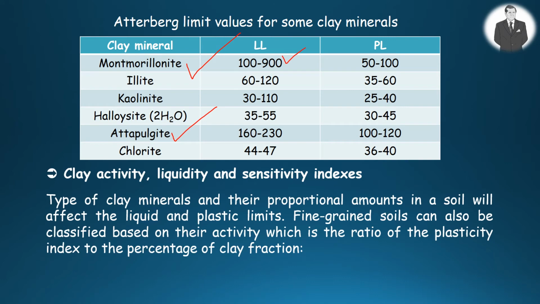Type of clay minerals and their comparable amounts in a soil will influence the liquid and plastic limits. Fine-grained soils can also be classified based on their activity. Activity is defined as the ratio of the plasticity index to the percentage of clay fraction, as formulated here.